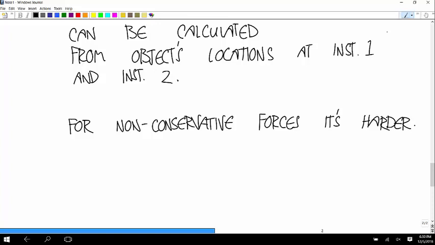But there are two cases that are going to come up often, and we're lucky with this: certain kinds of non-conservative forces do zero work.